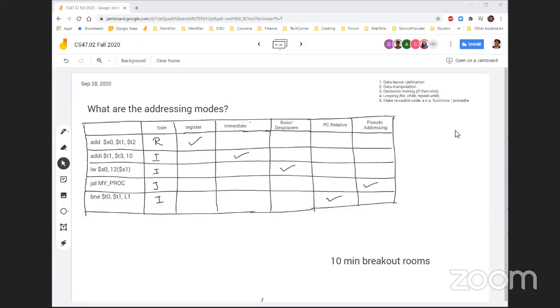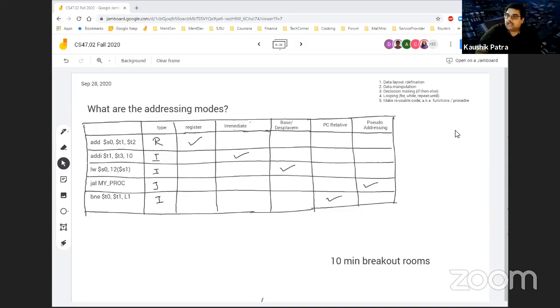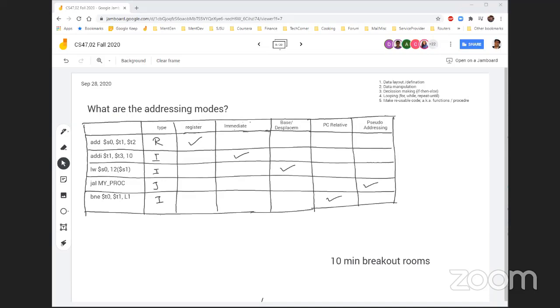Okay, so anyone else want to add on top of that? Would it be accurate to describe an instruction using multiple addressing modes? Sure. I guess because with addi, there's both a register and an immediate value. So would that be both register and immediate? Why do you think so?